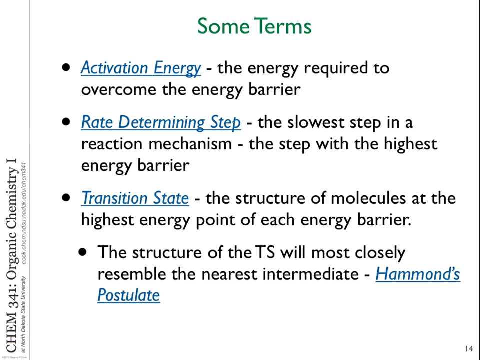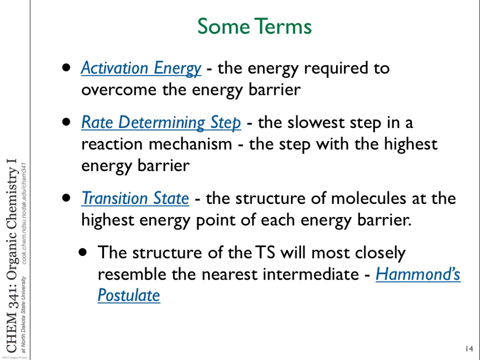And this is what's referred to as Hammond's postulate. I think your book states it slightly differently. But in a nutshell, Hammond's postulate says that the structure of your reactants at the transition state is going to be most similar to whatever on either side of that hill is closest in energy to it.